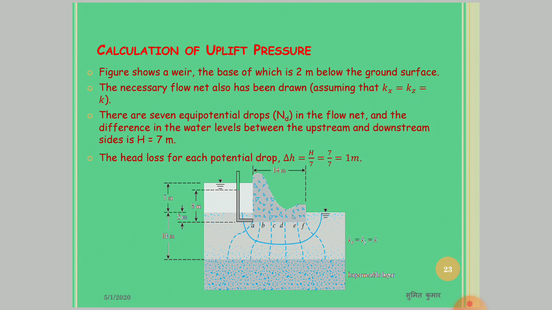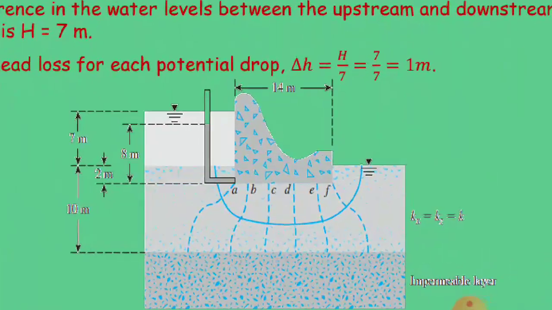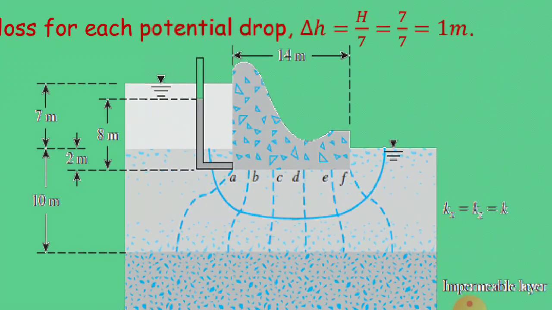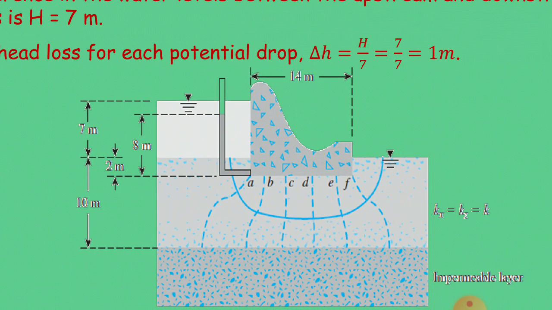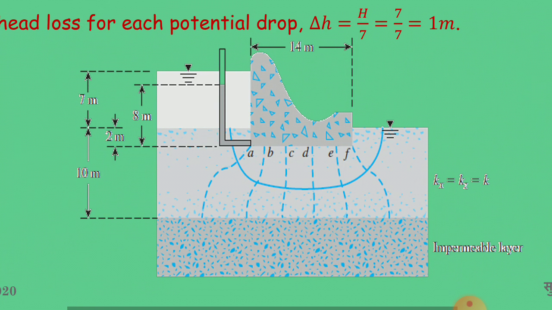Consider a weir founded on a permeable foundation at a depth of 2 meter below the ground surface. The depth of the water on the upstream side is 7 meter and on the downstream side is 0. So the head difference between upstream and downstream will be 7 meter.